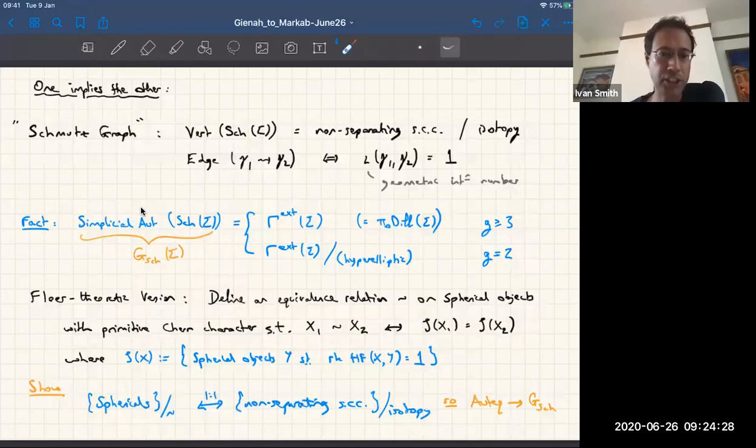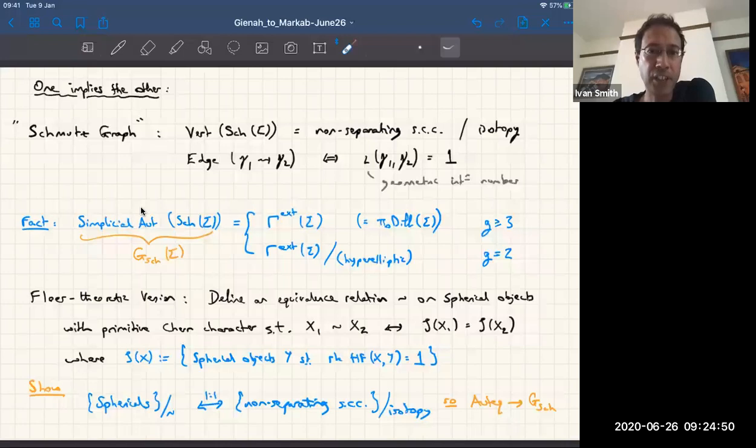Okay, and what we show, which is not terribly difficult, is that spherical objects with primitive Chern character up to this equivalence relation are just the same thing as non-separating simple closed curves up to smooth isotopy. Okay? So the kind of isotopy that enters into classical surface topology.